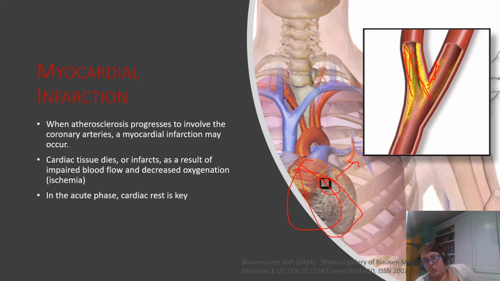If these plaques rupture, a clot might make its way through here and get hung up on the sticky plaques and cause an occlusion, which can lead to ischemia and over time infarction. Cardiac tissue dies as a result of this impaired blood flow and decreased oxygenation. So the primary intervention for patients who are undergoing an acute myocardial infarction is that we need them to engage in cardiac rest.